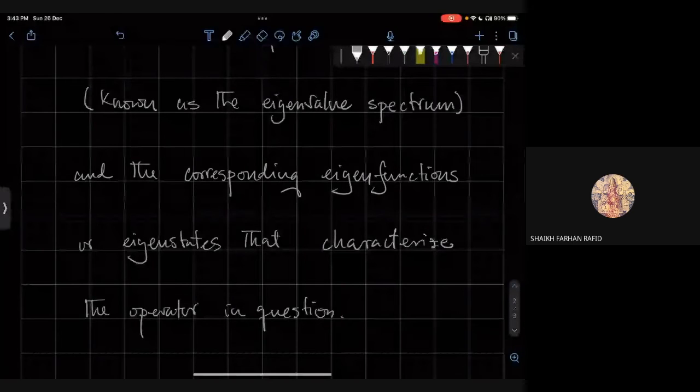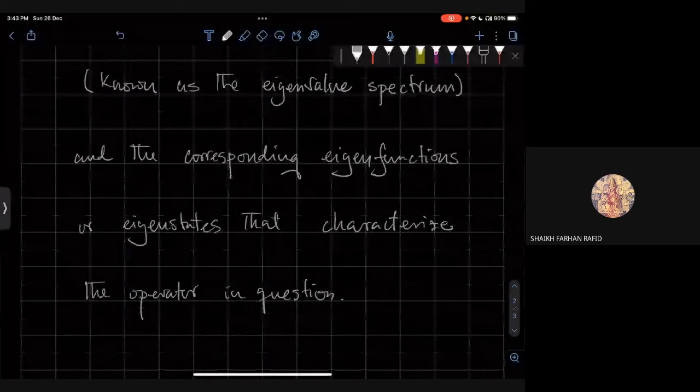All right. So those are the definitions.